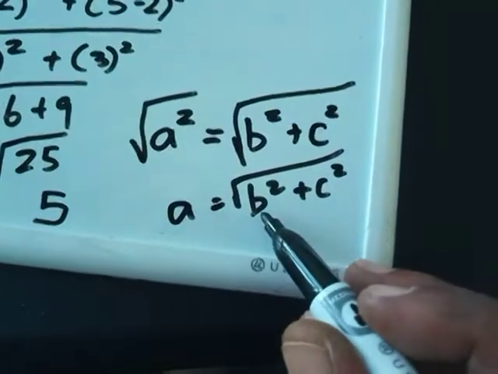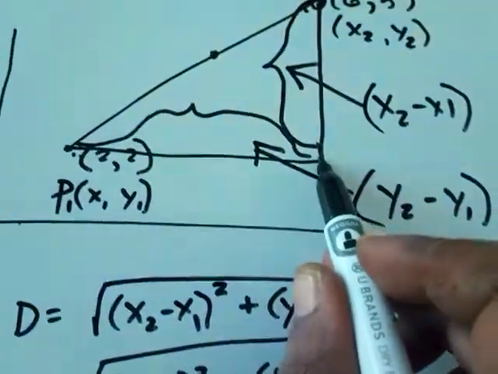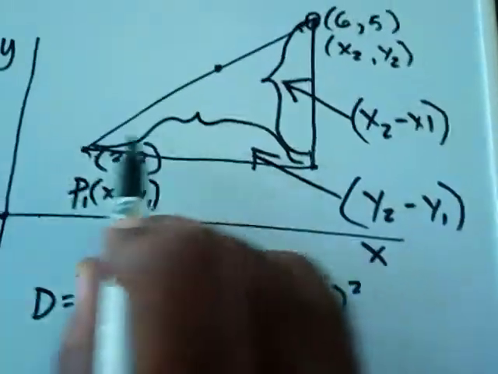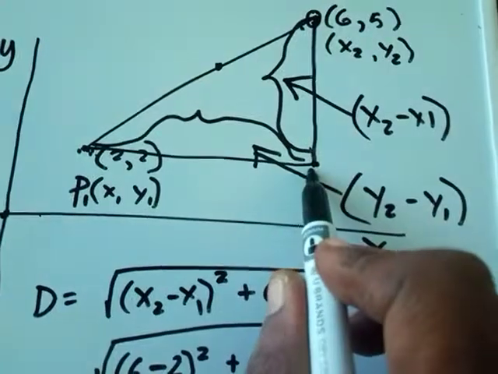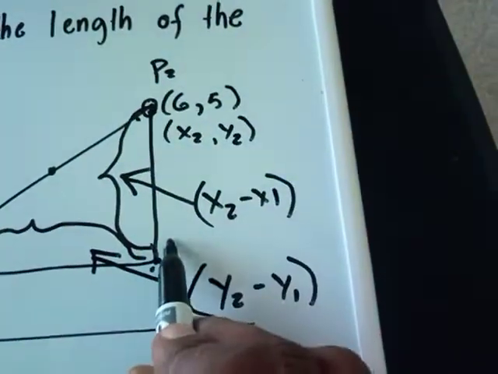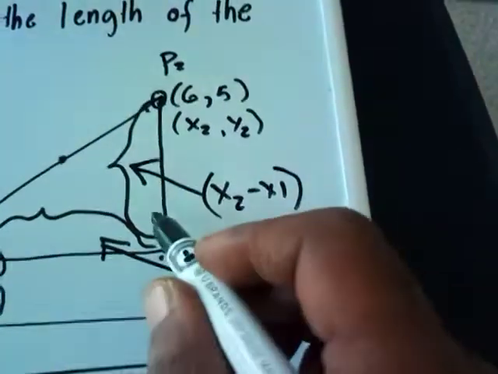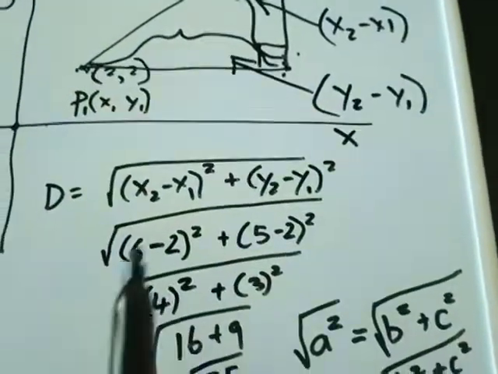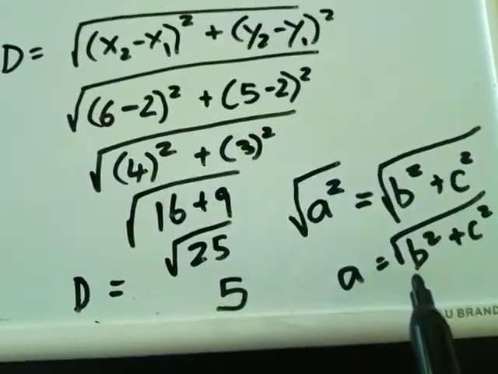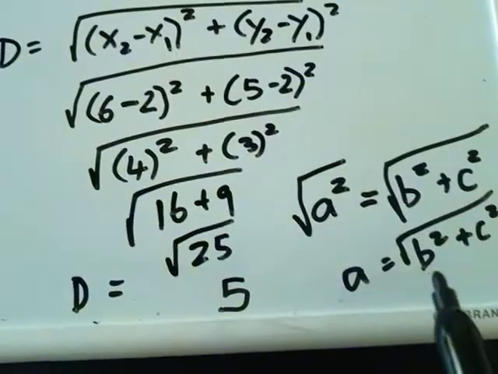What is b? What is c? Those are these lengths. When you subtract y1 from y2, you get this length. When you subtract x1 from x2, you get this length. This is your right angle triangle. That is how the distance formula is the formula for the right angle triangle, hypotenuse, Pythagorean theorem.